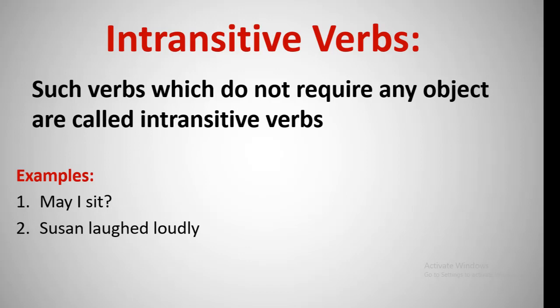See the examples. May I sit? And Sausan laughed loudly. Sit is a word that does not require any further object to give the complete meaning. In our day-to-day conversation as well, if you just say to someone, "Please sit," the sentence is complete in itself.